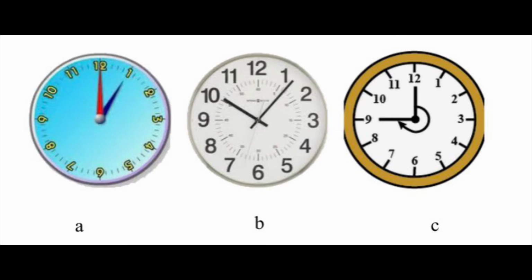You tell me A, B, or C. Which one of these clock faces makes a right angle? A? B? It's C! Again, it's facing the other direction, but it's still a right angle.